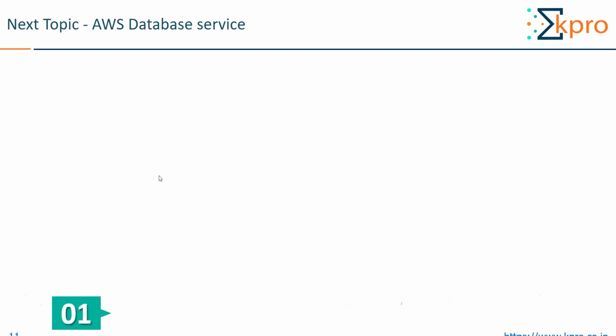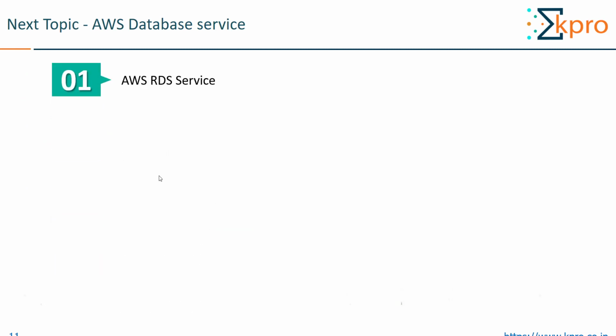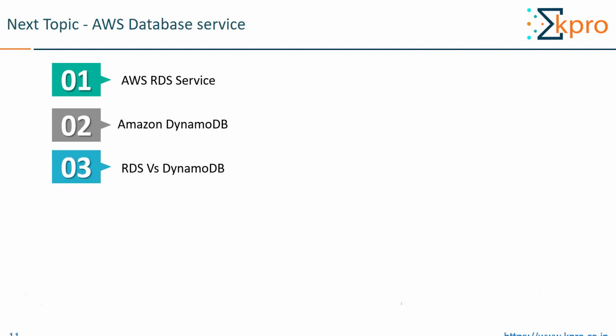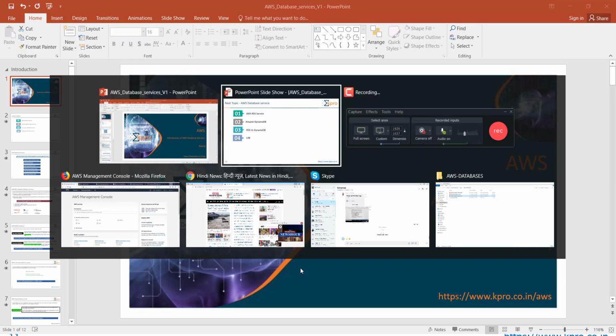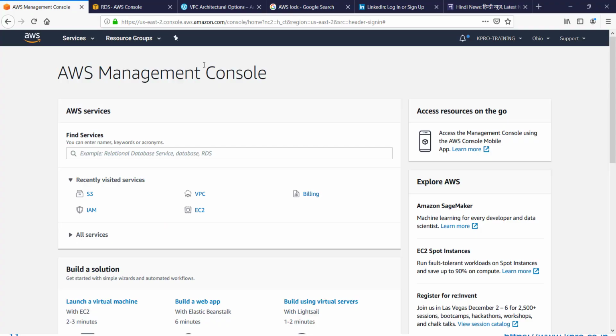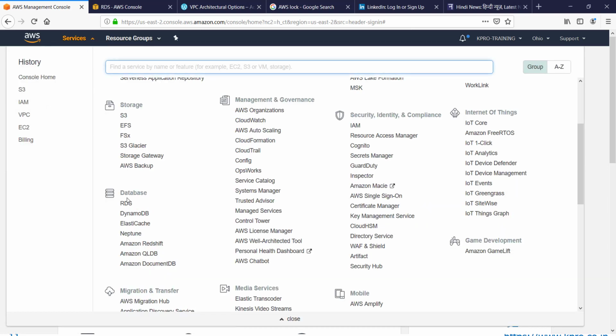So the next topics we are going to discuss are the AWS RDS service, Amazon DynamoDB, RDS versus DynamoDB, and a lab on it. Before completing, I want to show you, I have logged in as Kepro training, and then I will go to services and go to database.